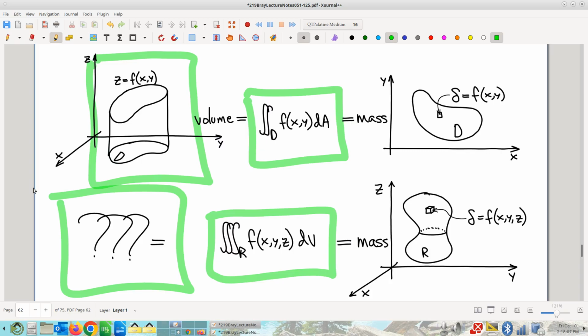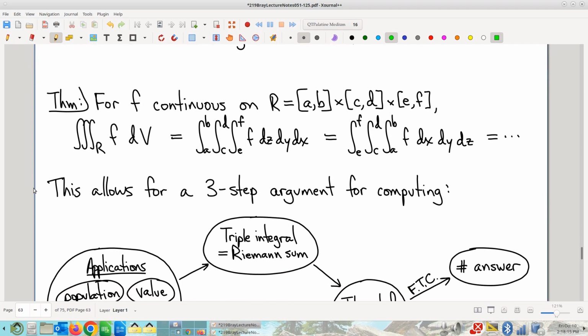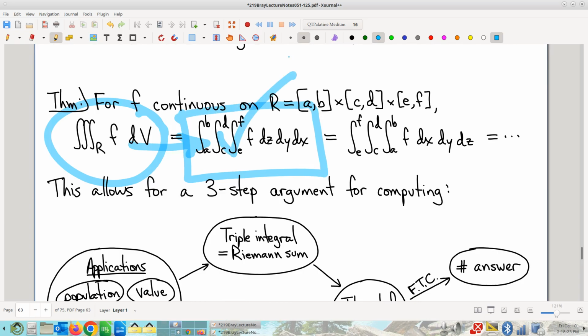And it can be done, and it's not appropriate for this class, in my opinion. So I'm just not going to give you the argument, but the argument is certainly there, and the conclusion is certainly true. So triple integrals, absolutely, no problem, can be computed with iterated integrals.